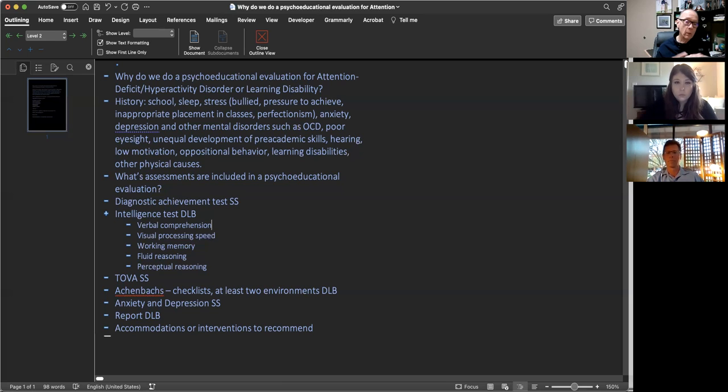So we don't use that by itself to make a diagnosis, because there's a lot more involved in making that determination. But it's a pretty good tool.